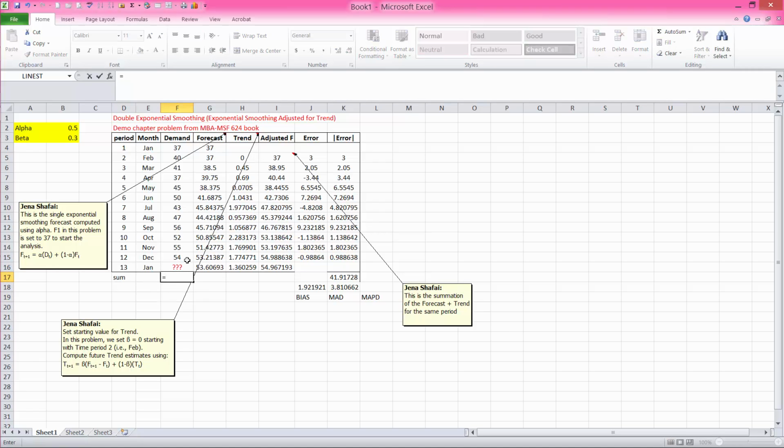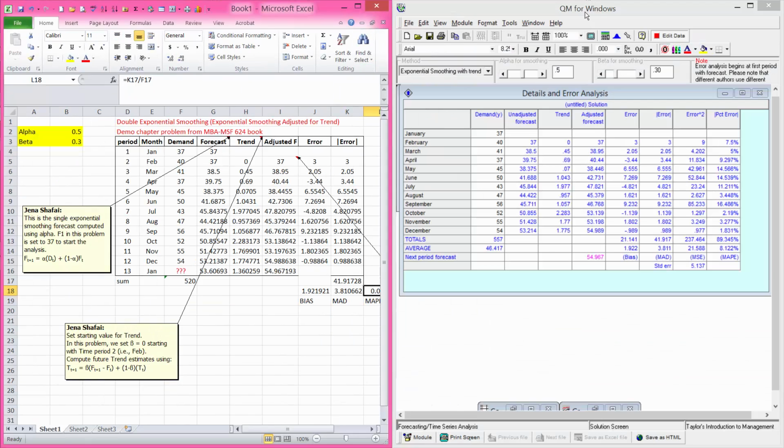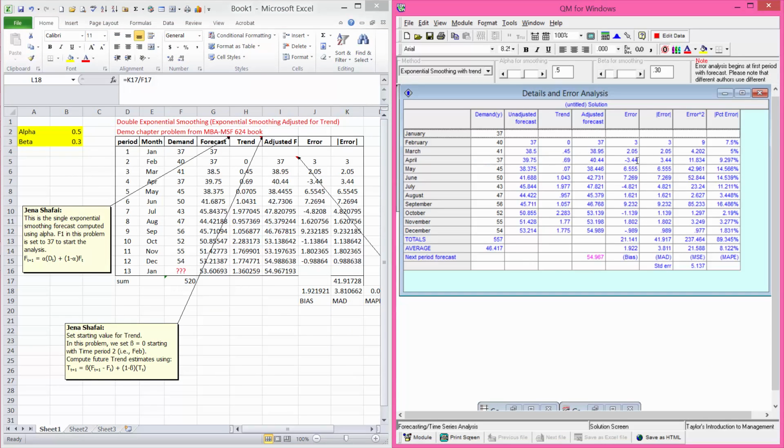If I'm not including the first period into error analysis, then I should not include that 37. So my summation is going to be 40 to 54. To compute the MAPD, I can take the summation of absolute errors and divide it by the summation of demand, and I get 0.08.